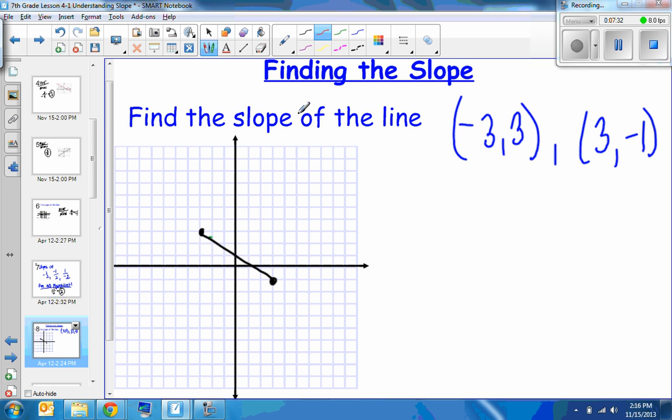To graph my line. Well, instead of counting, which we just did, where I could count how many we rise and then how many we run, we can use a formula to find the slope.